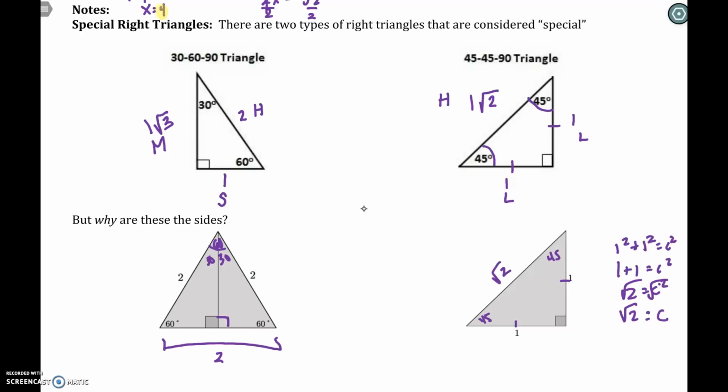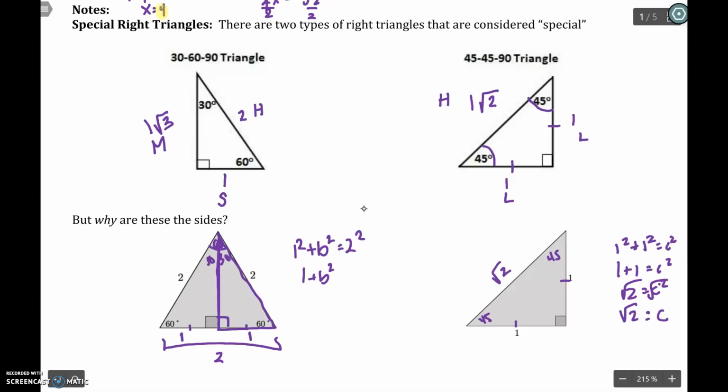Okay, and because these two triangles are congruent, that means that this is 1 and this is 1 to make a total of 2. And then if you do Pythagorean theorem with just one of them, it doesn't matter which one, you can find that this altitude length here, that's the one you don't know for B, it would equal a radical 3.